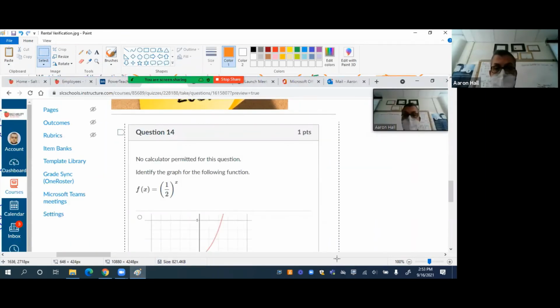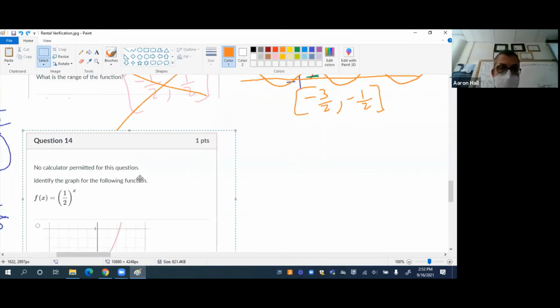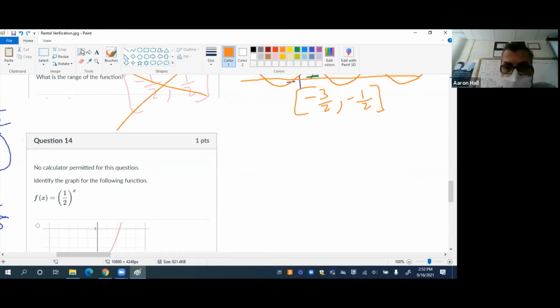Yeah. So the important part, I really like this image. What if my multiplier is 1? So I have y equals 1 to the power of x. What does that look like? If I plug in 0, what do I get? I get 1.